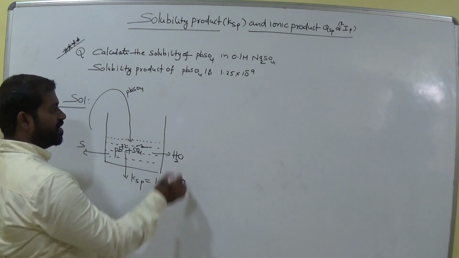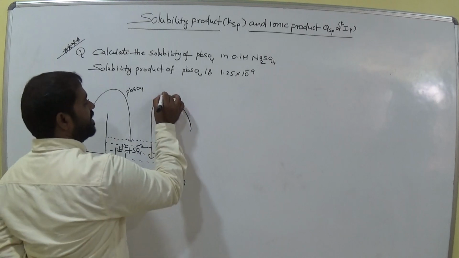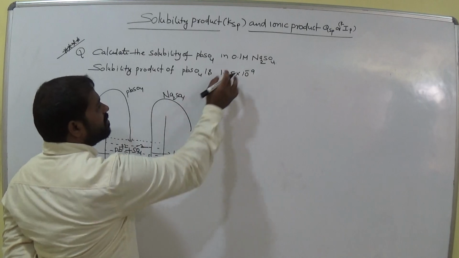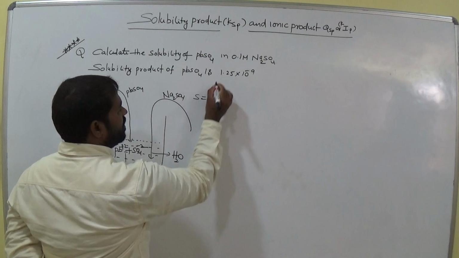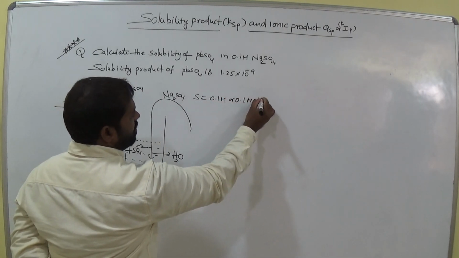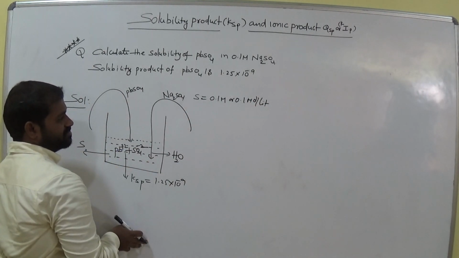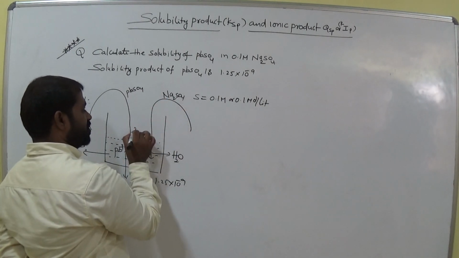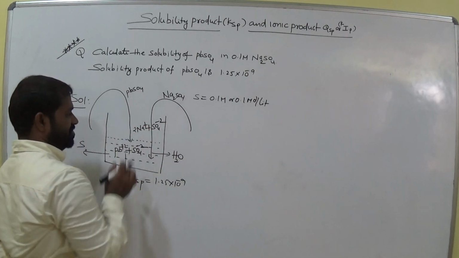Now he has added sodium sulfate, Na2SO4. M means solubility is given. That means solubility is how much? 0.1 m or 0.1 mole per liter. Both are mole per liter. Now how is it ionized? 2Na plus and SO4 minus 2 in the solution.